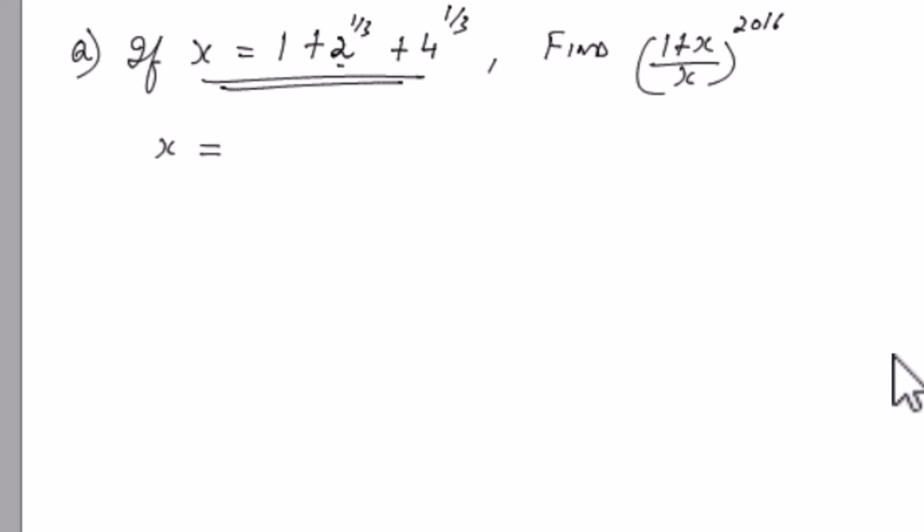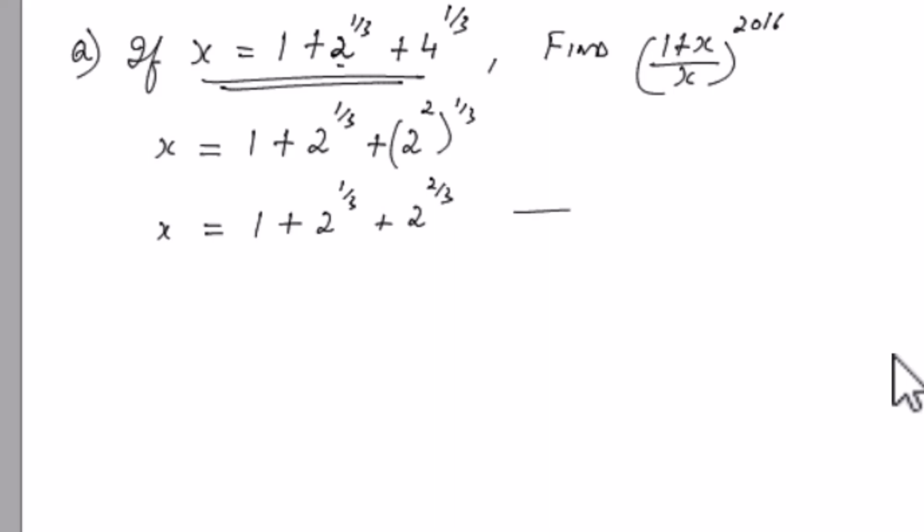This can be written as x equal to 1 plus 2 to the power 1 by 3 plus 4, which can be written as 2 to the power 2, and this already has the power 1 by 3. So this now gets simplified to 1 plus 2 to the power 1 by 3 plus 2 to the power 2 by 3. This is x. Let's just call it equation number 1.